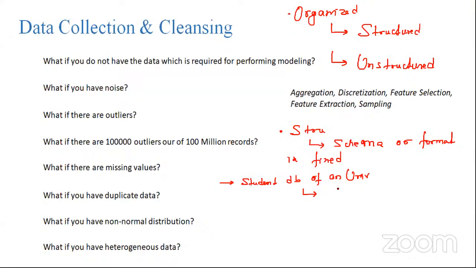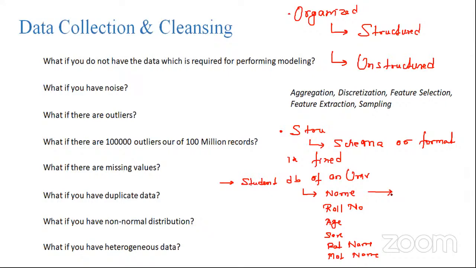So, student database of a university. What are the different information a university will store when it comes to its students? Student name, then say roll number, then of course age, then sex, then maybe father's name and mother's name. Now if we try to analyze this database, here the format is fixed.